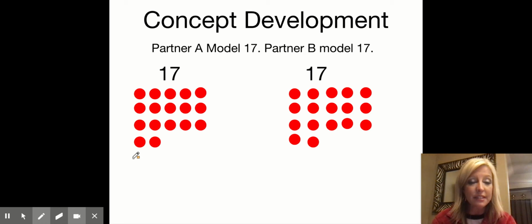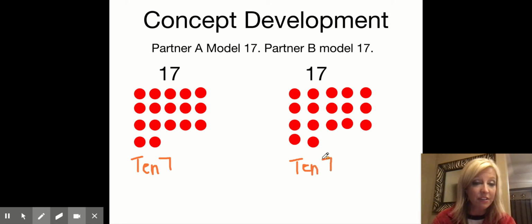So let's say those the say 10 way. So 17, the say 10 way is 10, 7. And once again, the 17, the say 10 way is 10, 7.